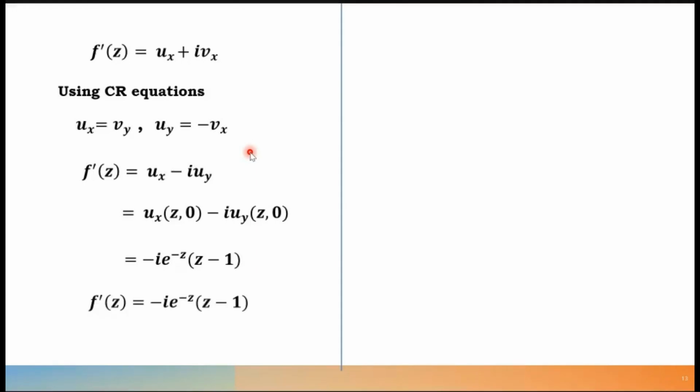Minus i is a constant which can be taken out. Now integration of e raised to minus z into z minus 1. So how to integrate that? I've already written that. e raised to minus z into z minus 1. It's u into v, or integration by parts. Which one is u?